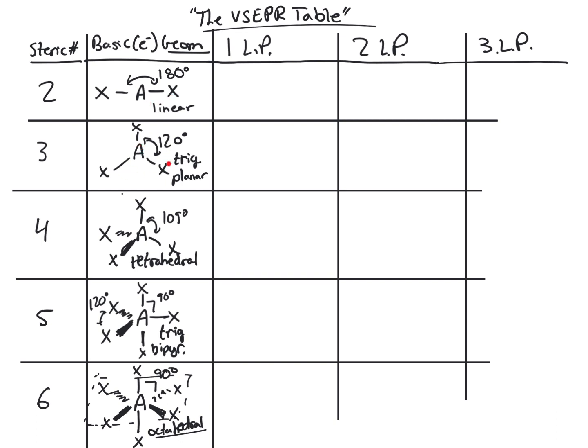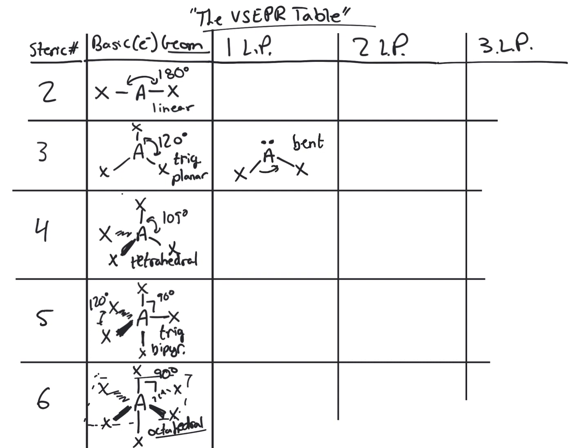So we get interesting things going on here, starting with trigonal planar. If we have something that has a steric number of 3, but one of those 3 things is a lone pair rather than atom, then we get something that looks like this. A, lone pair, X, X. And now, again, the shape here, we don't see that lone pair, so we just see this bent shape is what's left over.